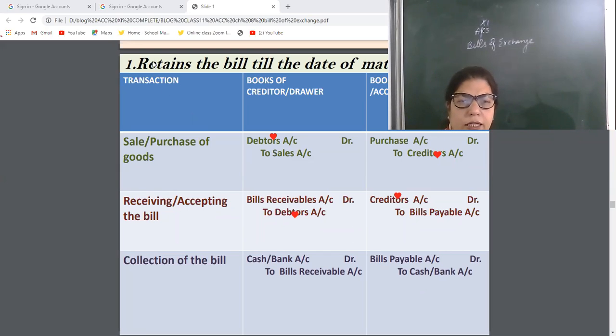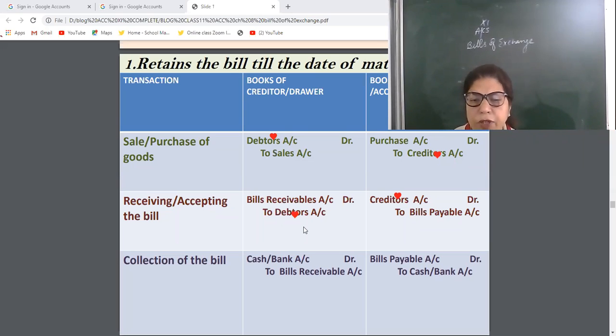Okay, so this is the first condition: retains the bill till the date of maturity. It means A, the drawer, will keep the bill with him, sit peacefully and get the payment on maturity. 3 days of grace he will add on the collection of bill date.